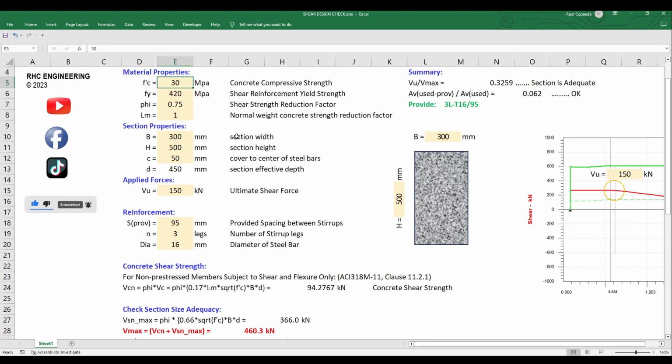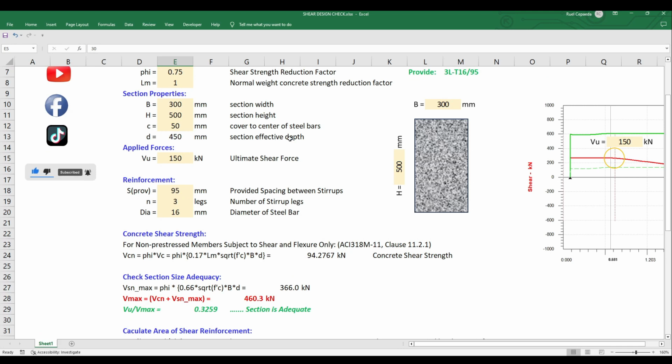Then the section properties: B is the section width, H is the section height, the full height of the beam, and C is the cover to the center of the steel bar, assuming the same concrete cover for the compression and tension parts.